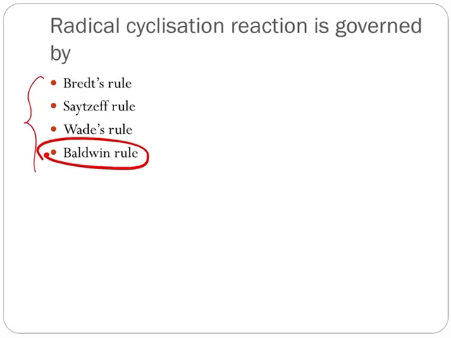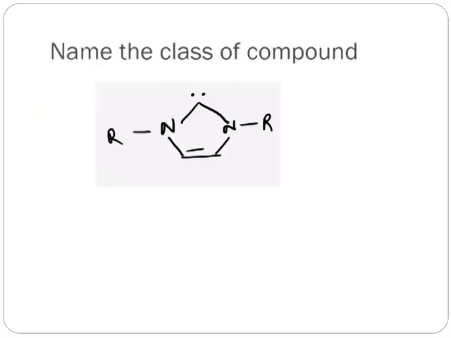Now let's see the next question. Name of this class of compound. This is a very important class of compound, and generally it is called N-heterocyclic carbene.